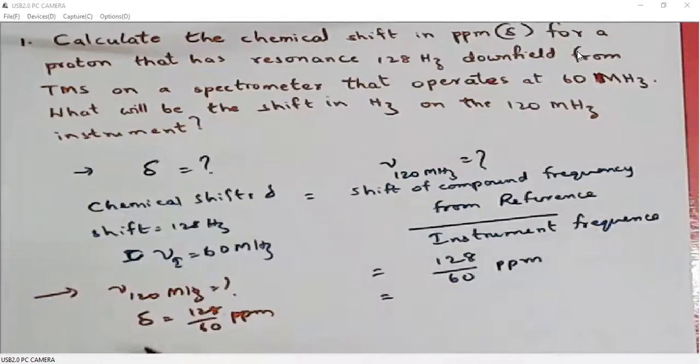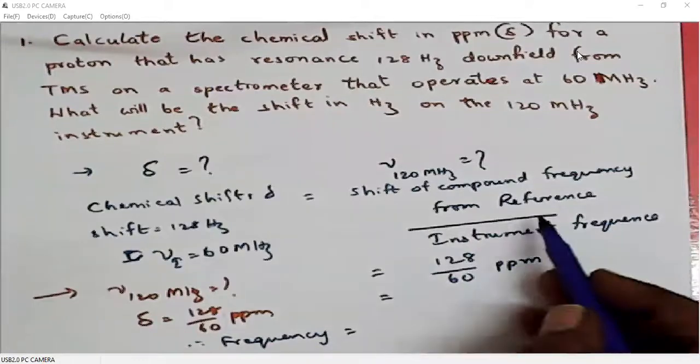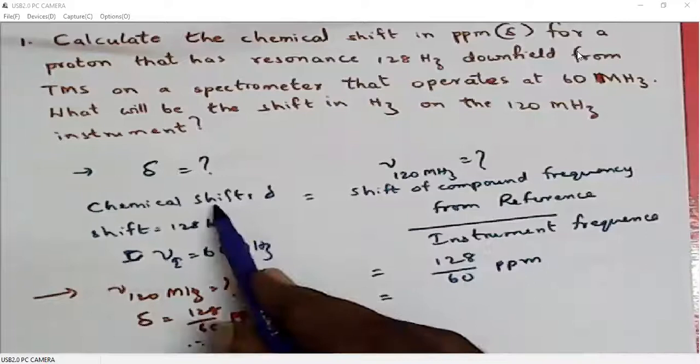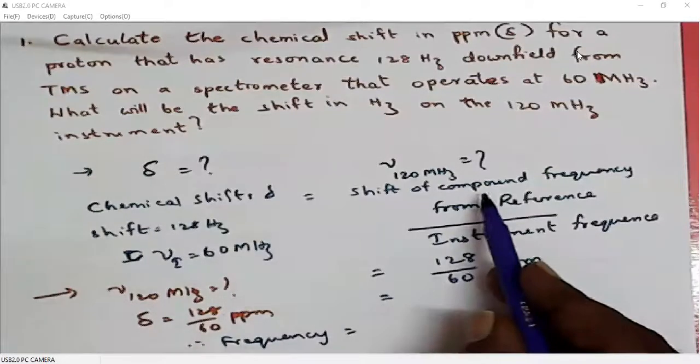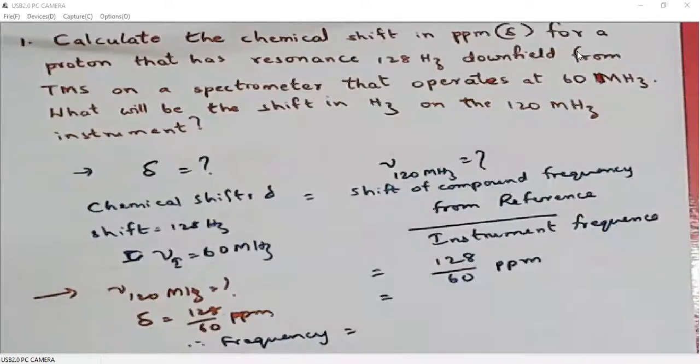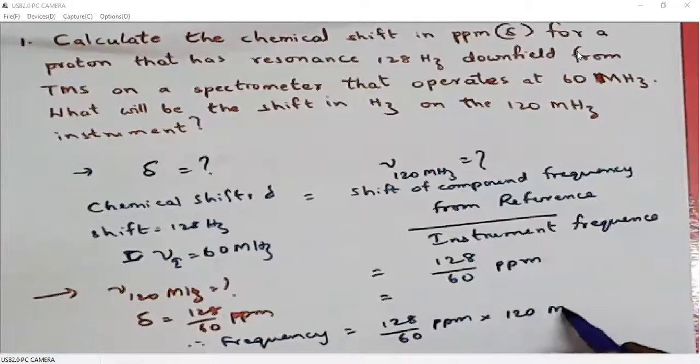Now if you want to know the frequency, what can we do? We just rearrange this. Chemical shift multiplied by instrument frequency will give the shift of the compound frequency from the reference. So the delta value is 128 by 60 ppm times the instrument frequency of 120 megahertz.